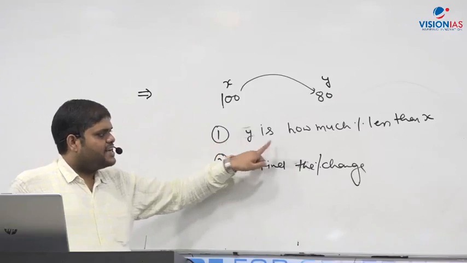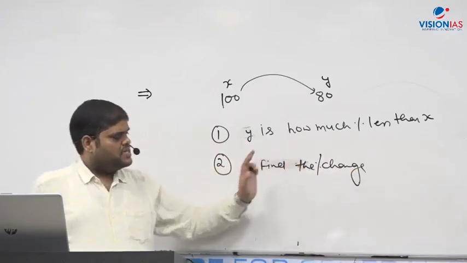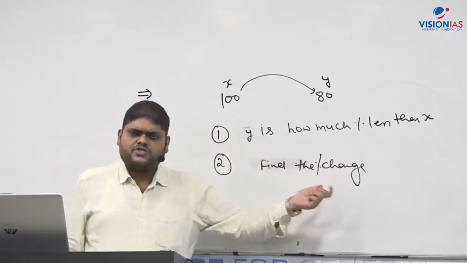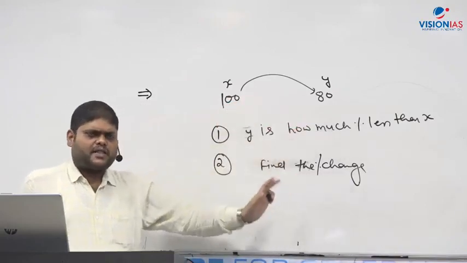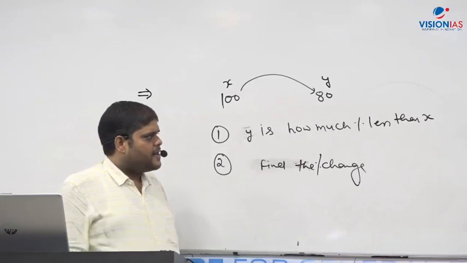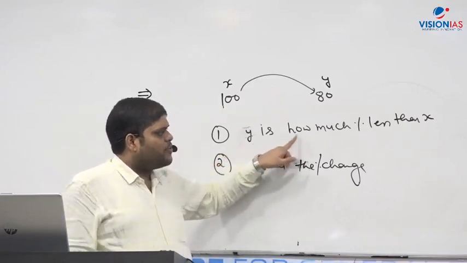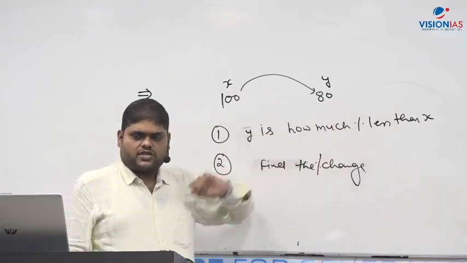First question is y is how much percent less than x. Second question is find the percent of change when x is decreased from 100 to 80. Very simple thing, the concept is important. See, y is how much percent less than x, this is the question.